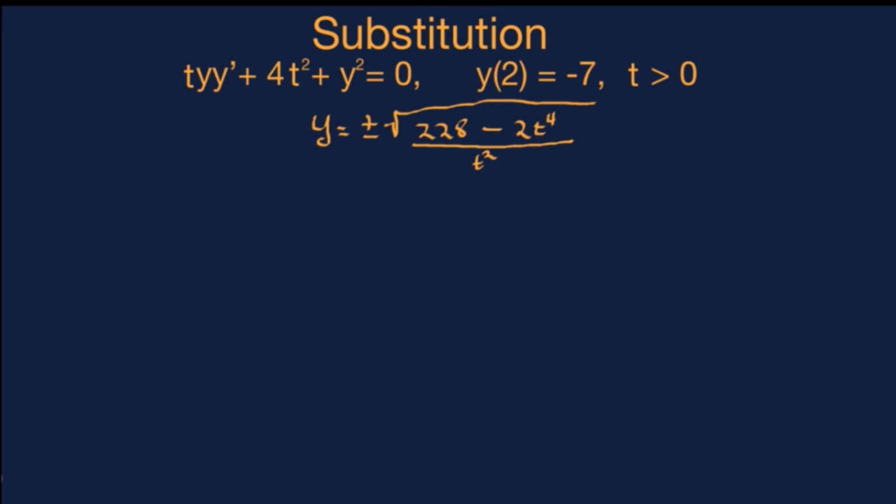At this point, to figure out which sign between the plus or minus is the correct one for our particular solution, we can plug in the value of our initial condition to figure it out.